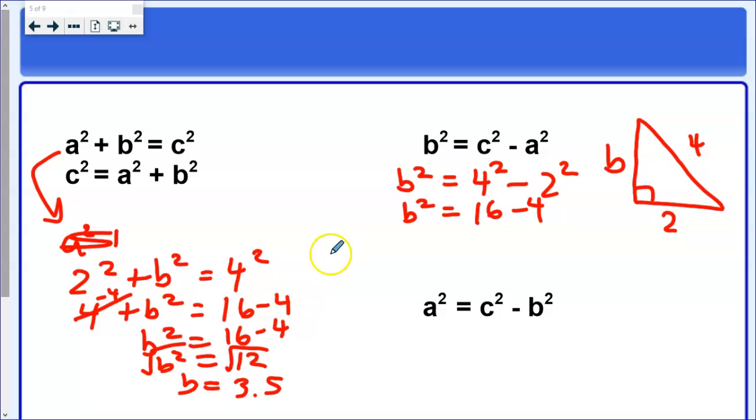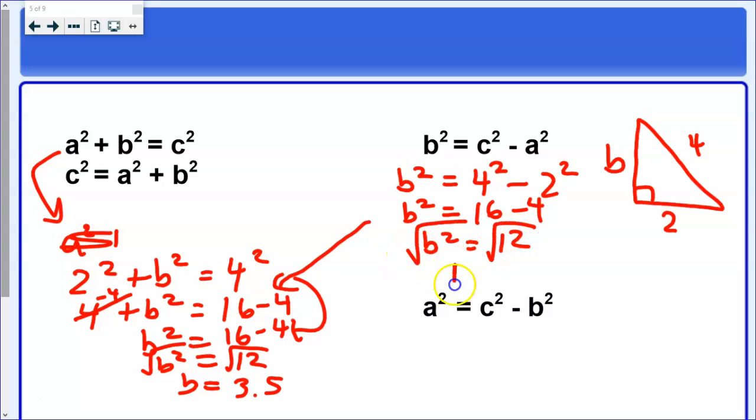So we've already made it to this step here. We've managed to eliminate a few steps and keep everything a lot cleaner. So now we have B squared equals 12. We take the square root, and B equals, again, pop it in your calculator and round to the first decimal place, 3.5.